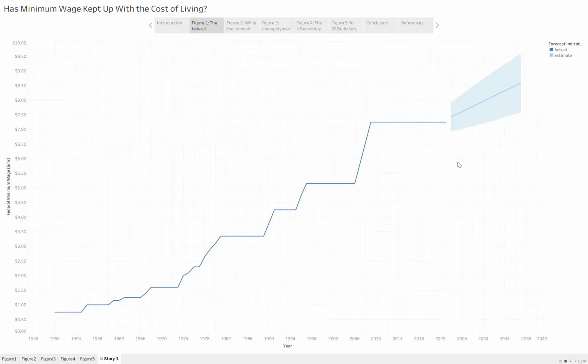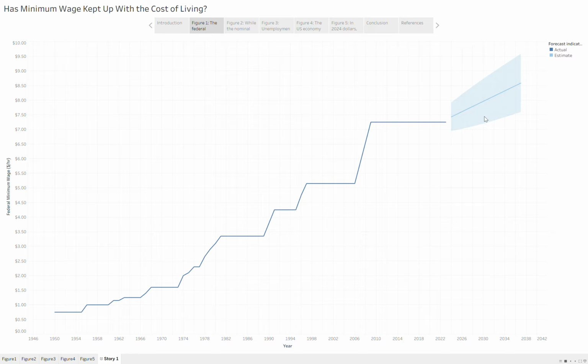Federal minimum wage increases slowly over time in kind of a stair-step pattern, with periods where there is no increase, especially in 2009. We have a period of about 15 years of no growth. It's only been raised 29 times in the last 76 years, so not really consistent.